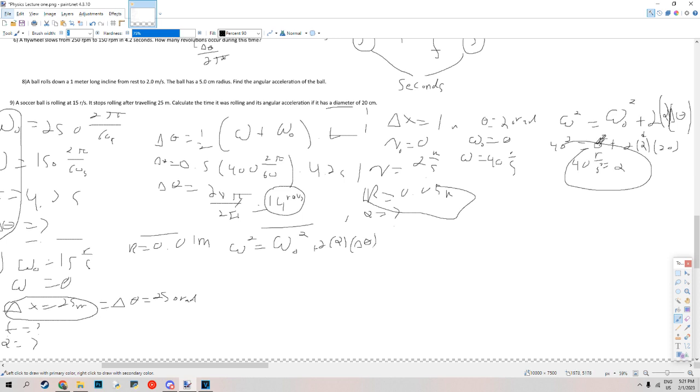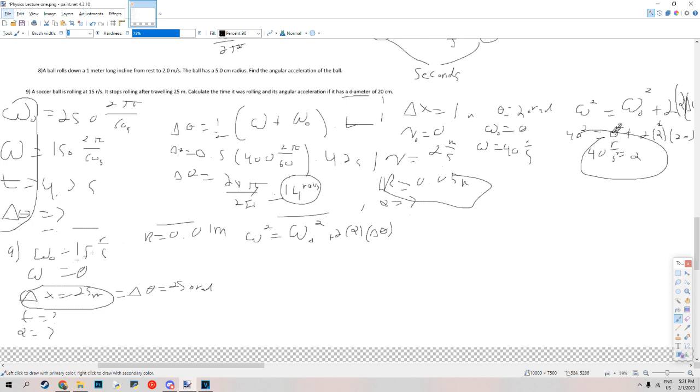And now if we plug in the numbers that we were given, we find that 0 squared minus 15 squared is equal to 2 by alpha by theta, since we're moving this to this side so it's a bit easier for us to work with. 15 squared is 225.